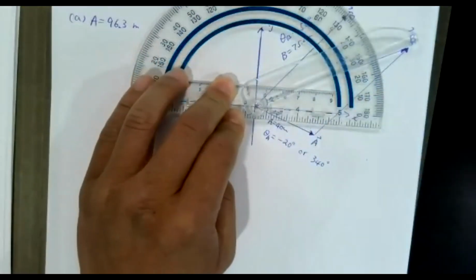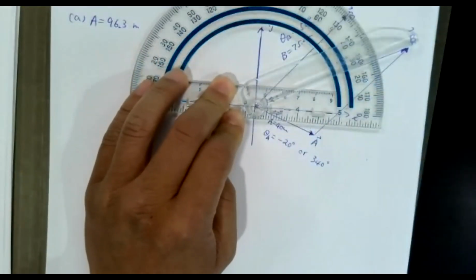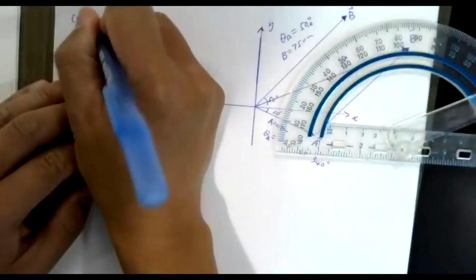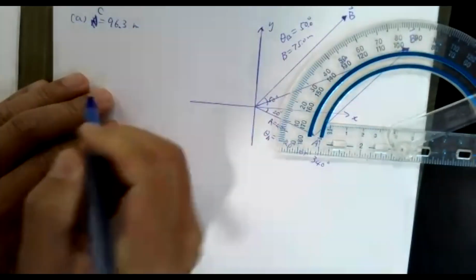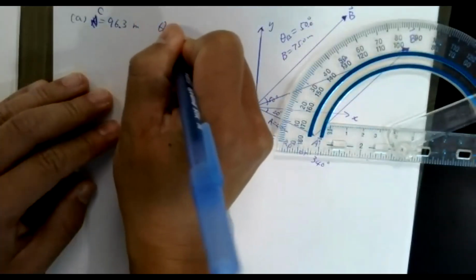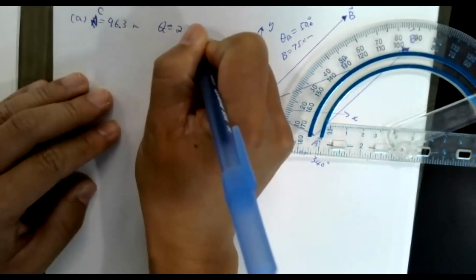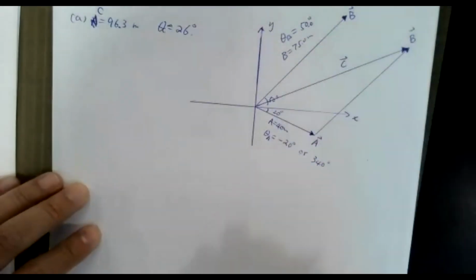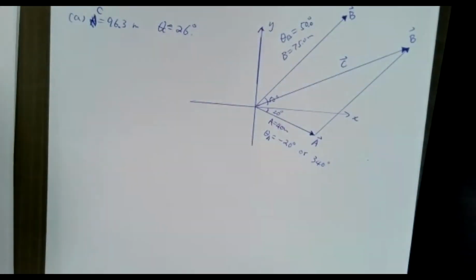You are reading from the inner here. I think it's not so clear, but this is 20, 21, 22, 23, 24, 25, 26. Roughly 26. On the C, this is C vector, resultant C vector. Angle of the C is roughly 26 degrees. Okay. All right.